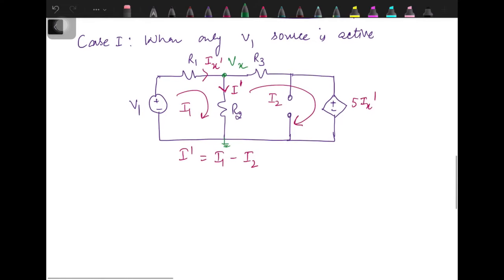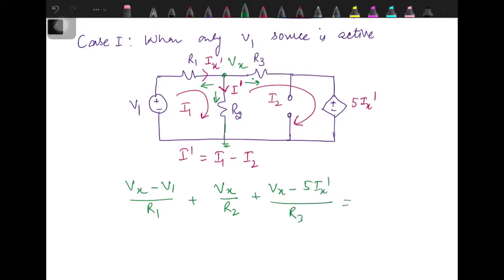So I will write the nodal equation. What is the nodal equation? Let's say all the currents are leaving this node. Then Vx minus V1 by R1 plus Vx by R2 is the current through resistance R2. Then through R3 it will be Vx minus 5 Ix dash by R3 equal to 0. This is the one equation.